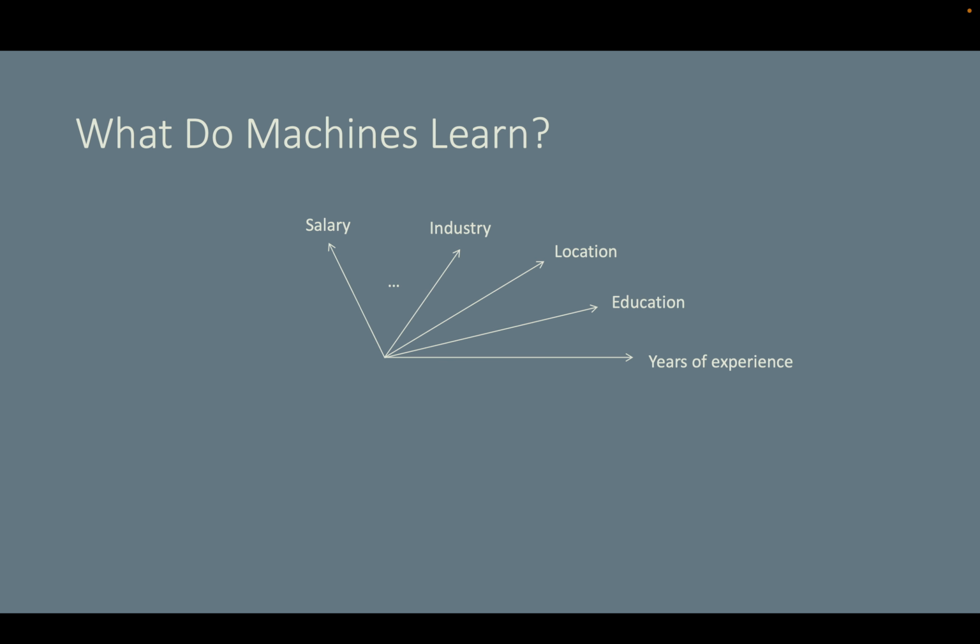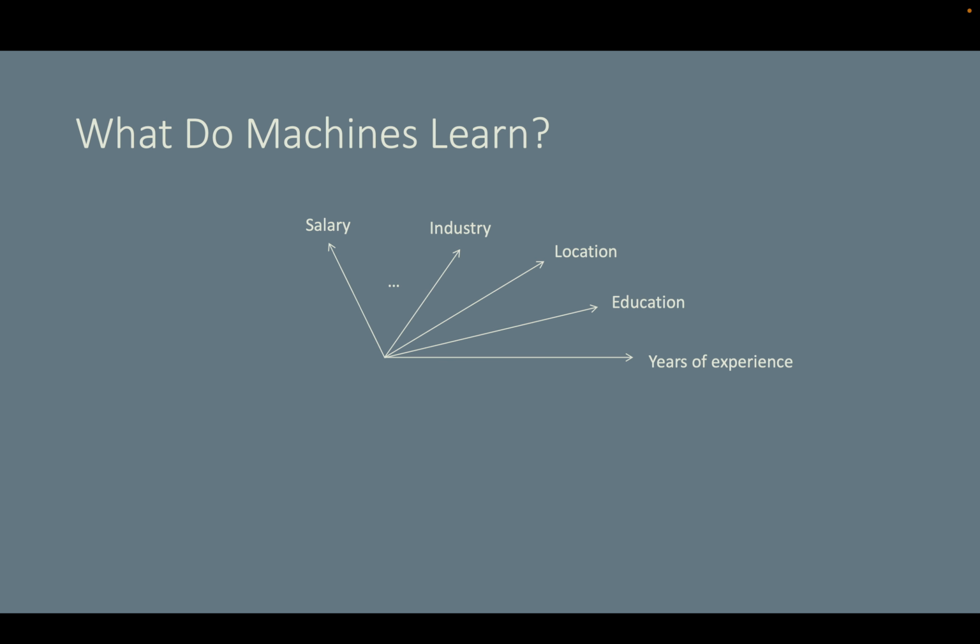In this case, the machine is no longer just drawing a line or a plane. It's fitting a higher dimensional model, and it is learning many parameters, one for each factor or feature. Unfortunately, we can no longer visualize that high dimensional space. Use your imagination.